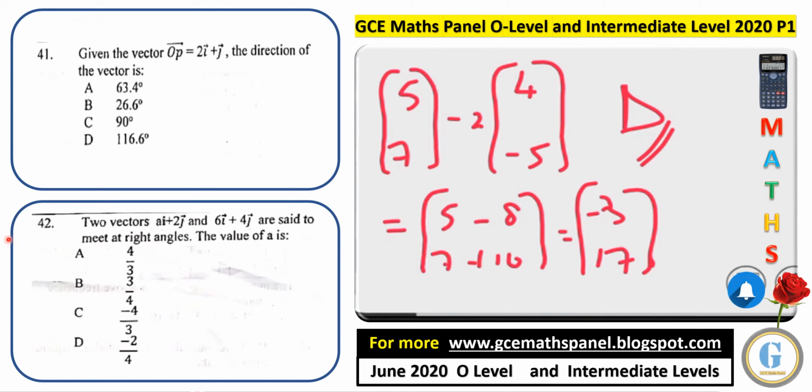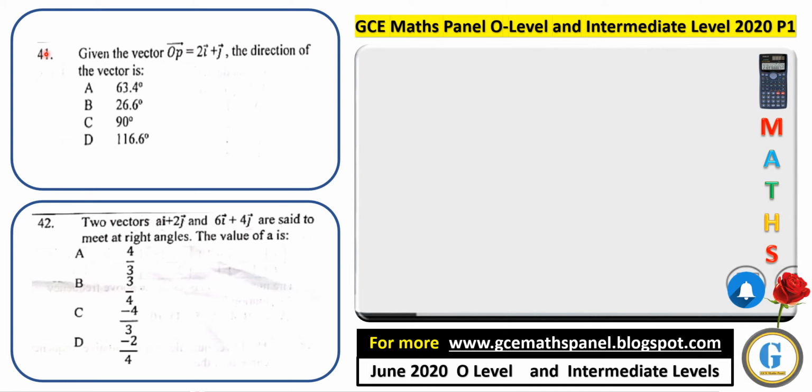We have the vector OP equal to that. What is the direction of the vector OP? The first thing is that OP is in the first quadrant. So the direction is given by arctan of the y component over the x component, or tan inverse of y over x.